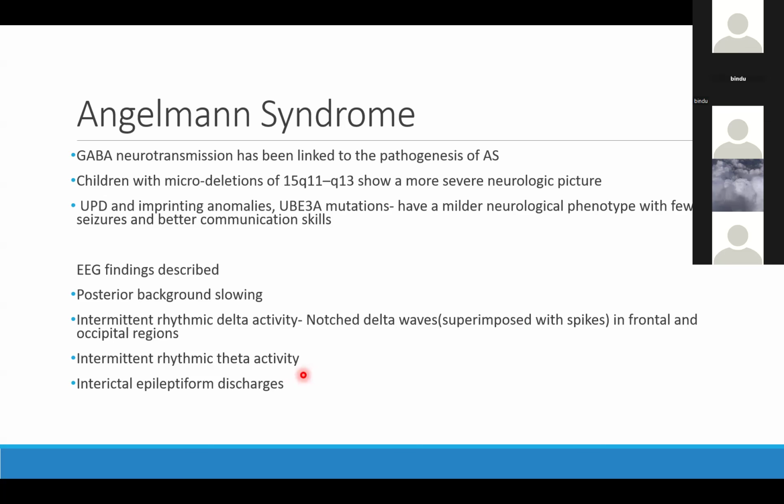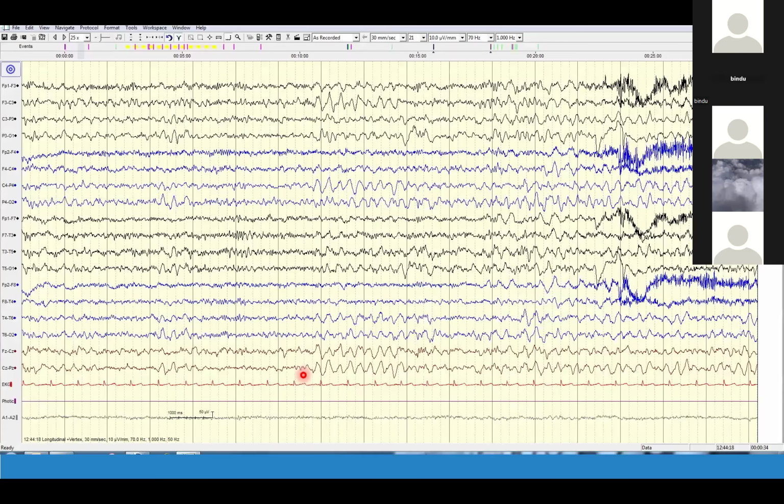This was a 4-year-old girl who presented with features of genetic mutation, an Angelman-like phenotype. Sorry, this is a background. This is an EEG read in awake state with bipolar montage, with a sensitivity of 10 microvolts per millimeter.